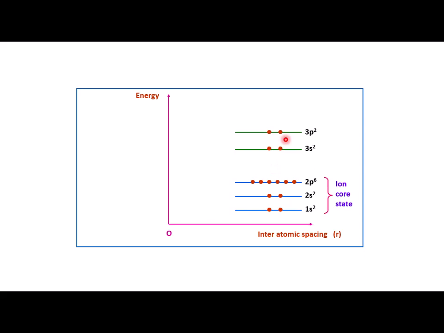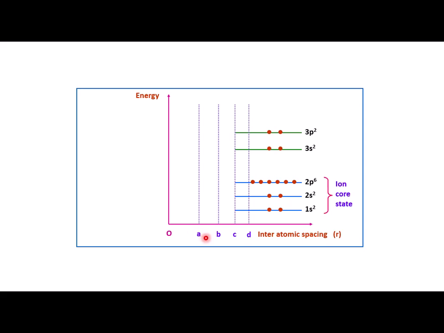Now, divide this entire range of interatomic spacing into 4 regions. Suppose OA is the final interatomic distance of separation. OA, or somewhat less than OA, is the final interatomic distance of separation. You cannot bring the atoms closer than that.